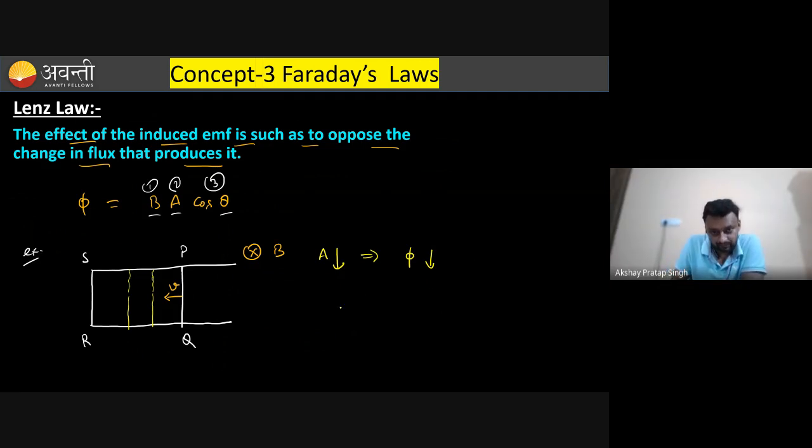Now, to support the flux, can you do one thing? If we can increase the magnetic field... but the area is decreasing continuously, and that area change is created by some external source which we cannot control. It is going to change. Now, only EMF is the process that can induce, or only current is the way by which we can control the flux.